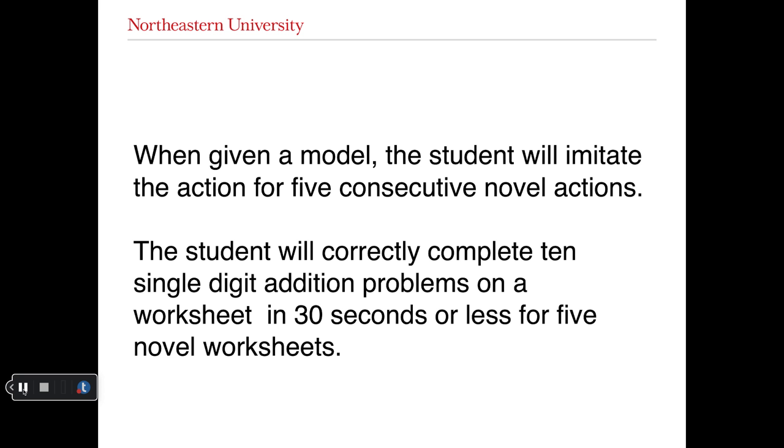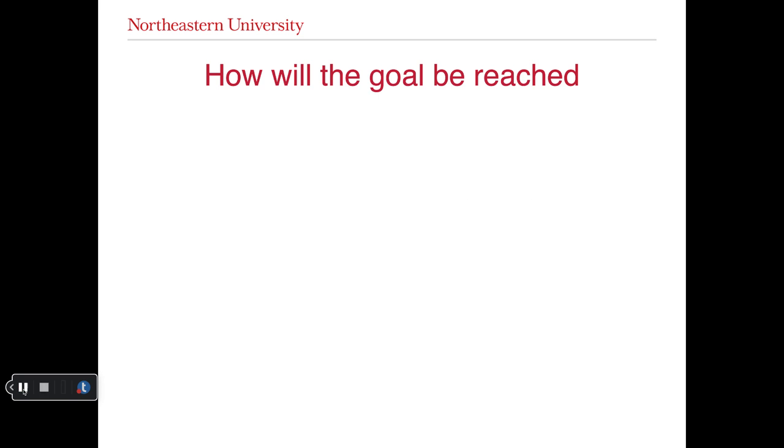The to what extent is clear here. These may be different measures of criterion than you may be used to. Some other criterion measures may be 8 out of 10 trials, or 90% of opportunities, things like that. But the to what extent can be measured in a number of different ways.